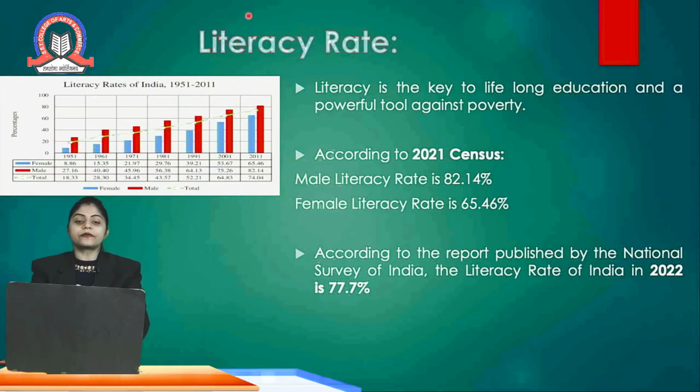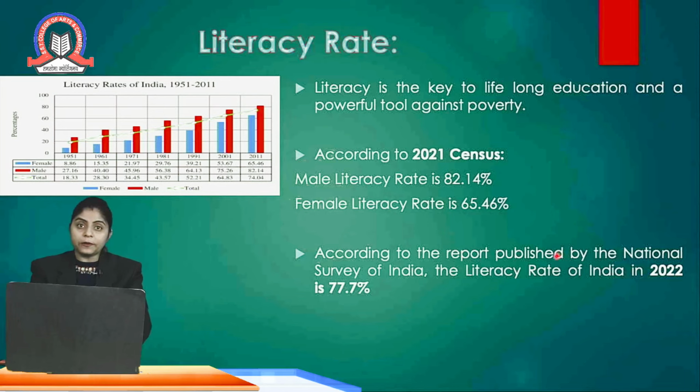Okay. Next, the last indicator is literacy rate. The literacy rate is key to lifelong education and a powerful tool which we can use to remove poverty in our country. According to the census 2021, the male literacy rate is 82.14% and the female literacy rate is 65.46%.